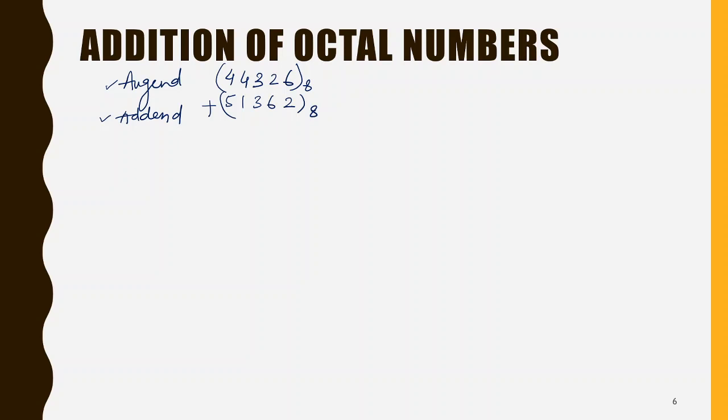Now this is an example that we will solve. 6 and 2 is 8 in decimal, right? But in octal it is 10. So 0 will be in the lower side and 1 will be in the carry.